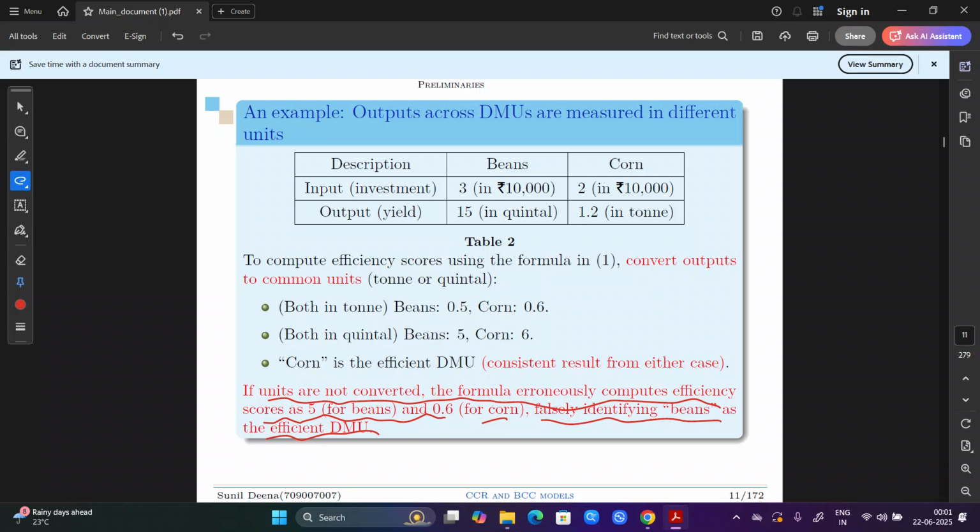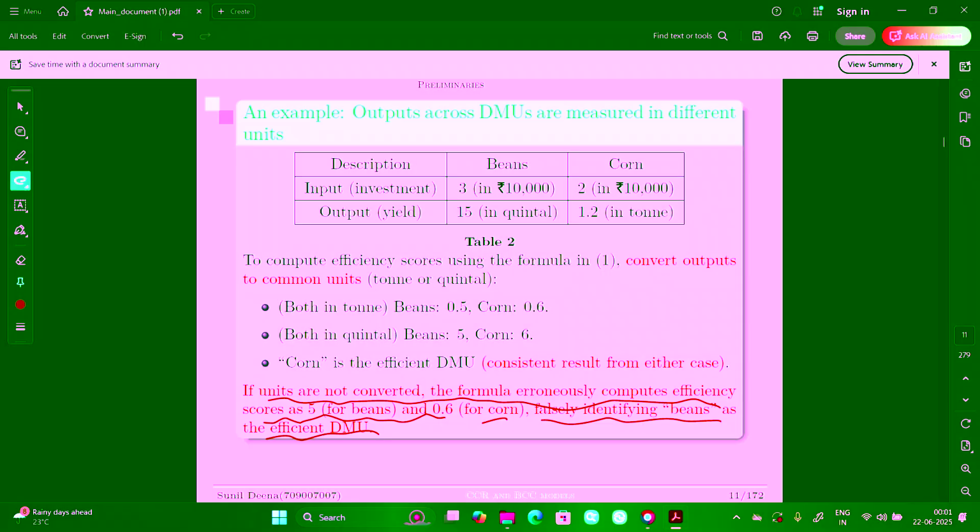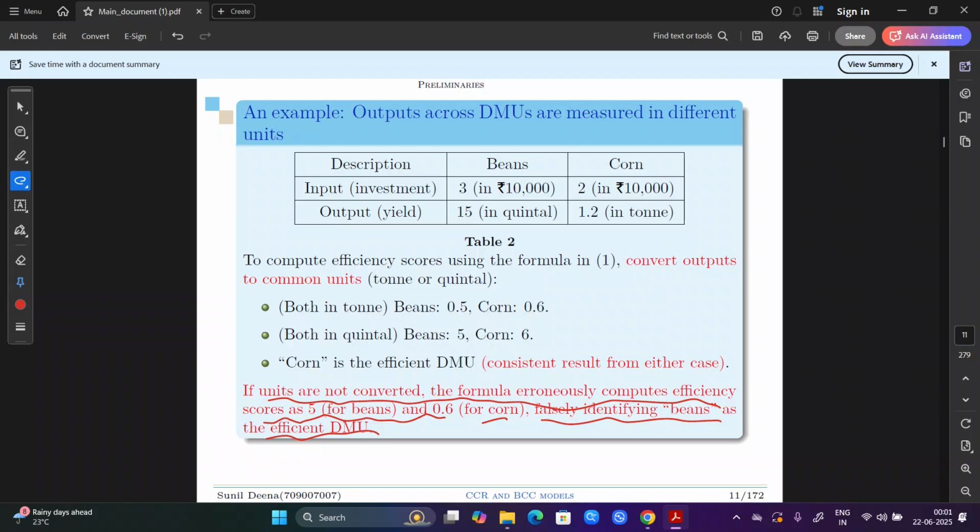So it is very important to convert the unit, otherwise by seeing the number we cannot compare which one is better. So the conversion is very important. Without conversion it might be very difficult.